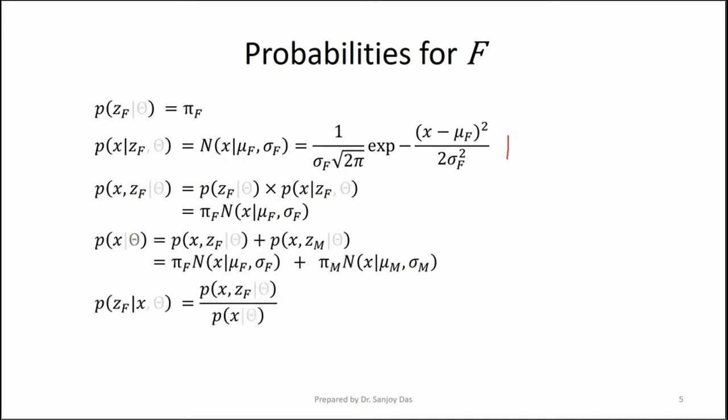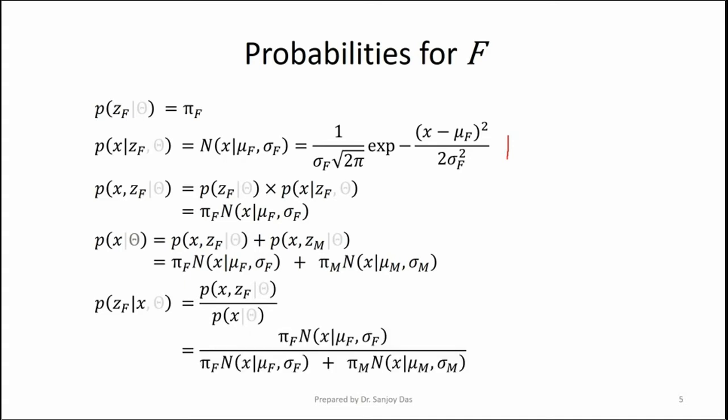The conditional probability P(Zf given X), so the probability of female given height, is from the conditional probability law. It's P(x, Zf), the joint probability, divided by P(x), which is equal to this.